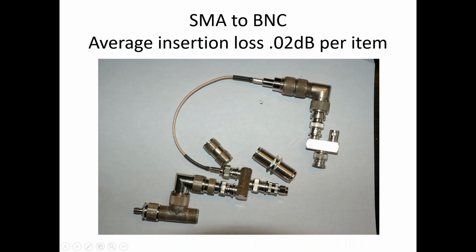Sometimes I'm concerned about putting in a connector, but it's a minimal loss, don't worry about it. Do what you have to do to get the connection. In this case, all of these connectors had very minimal effect on what was actually going out to my antenna.